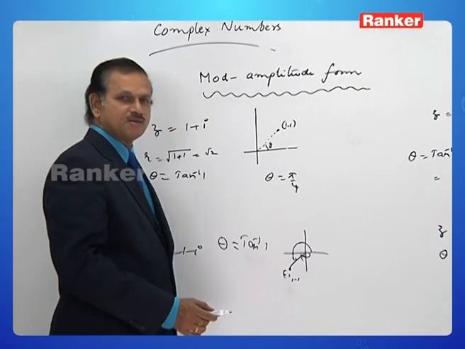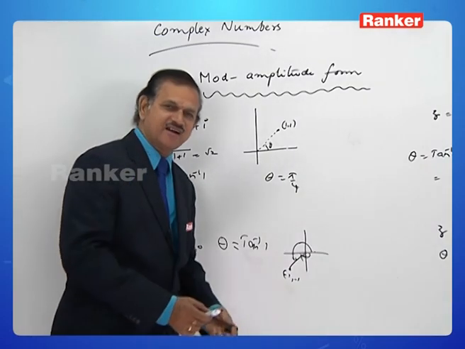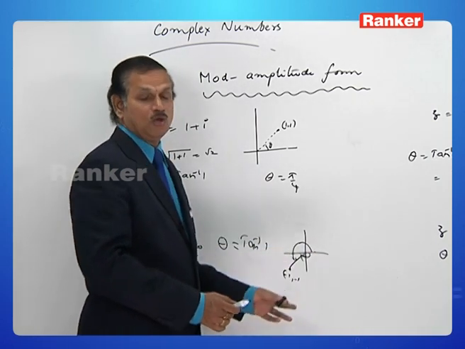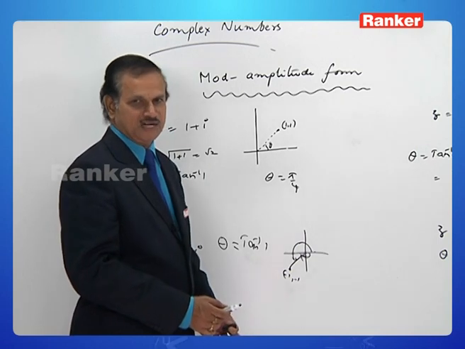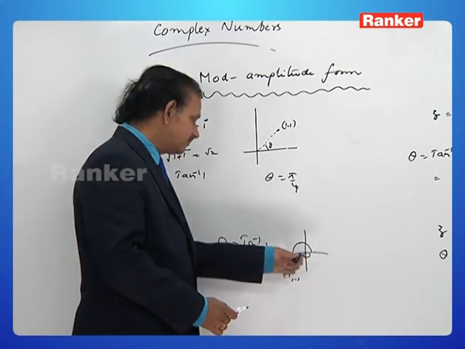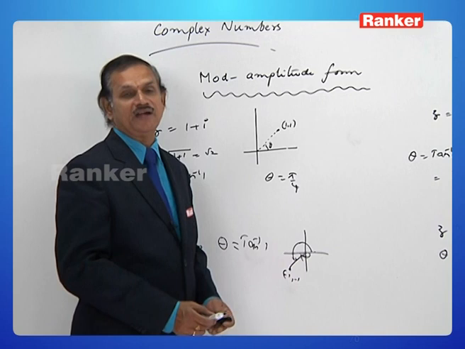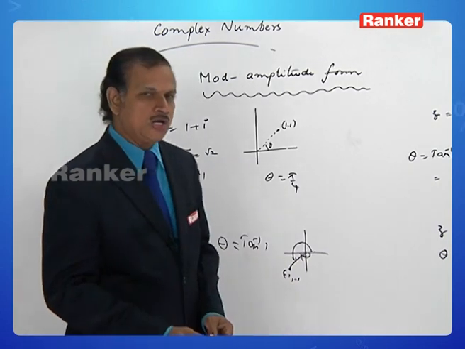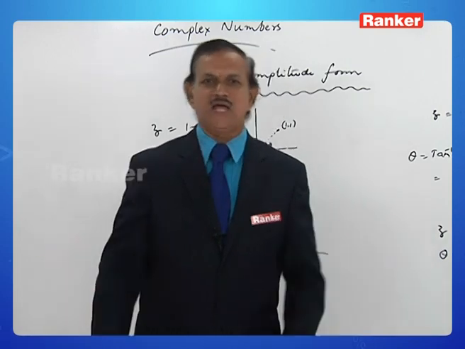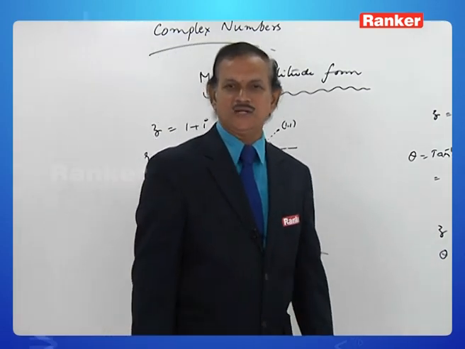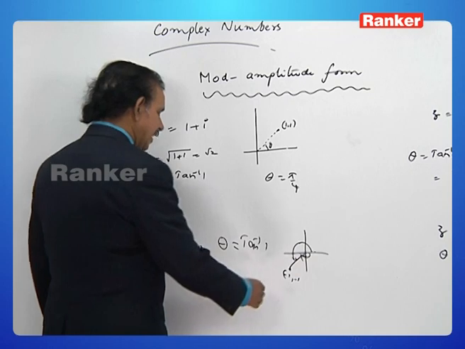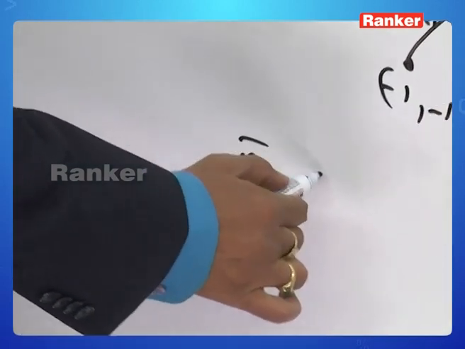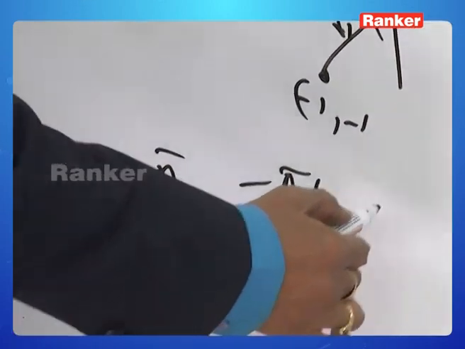Numerically smallest is supposed to be considered to have the standard amplitude. If you take this, it is 225 degrees, 180 plus 45, whereas this is minus 135 degrees. The only consideration here is the numerically smallest value. Therefore, here the amplitude theta lies between minus pi and minus pi by 2.